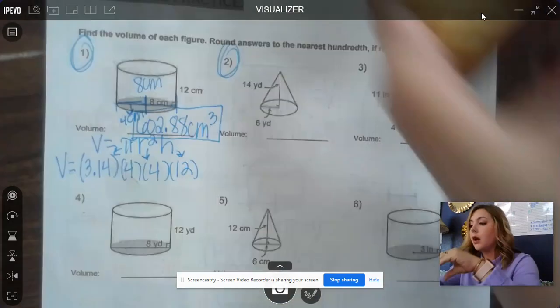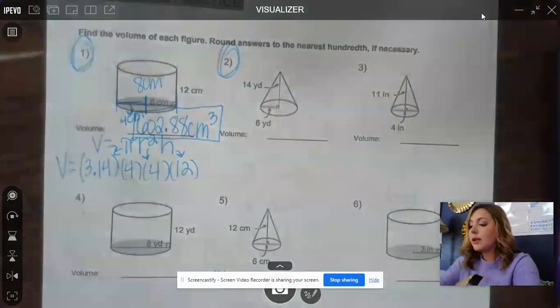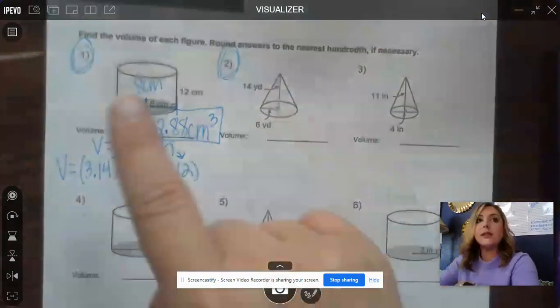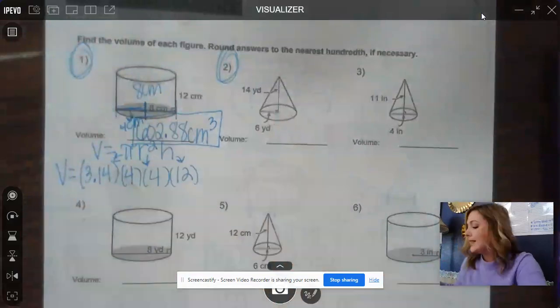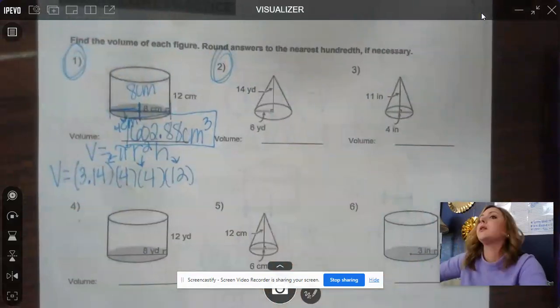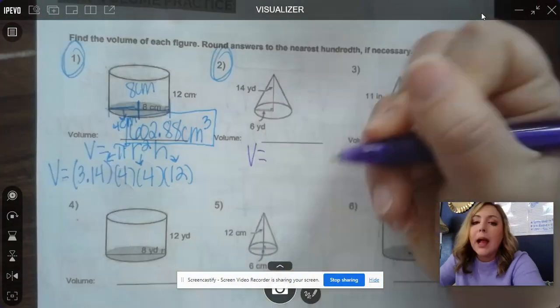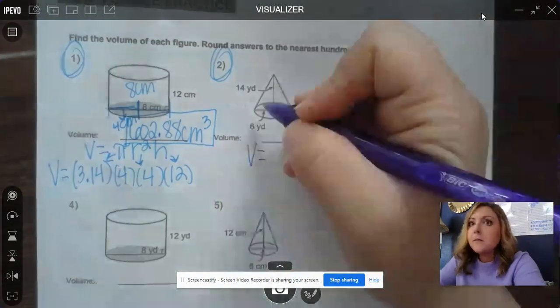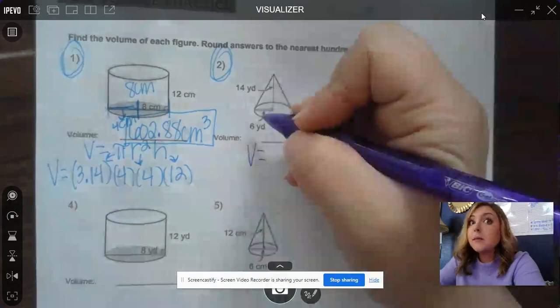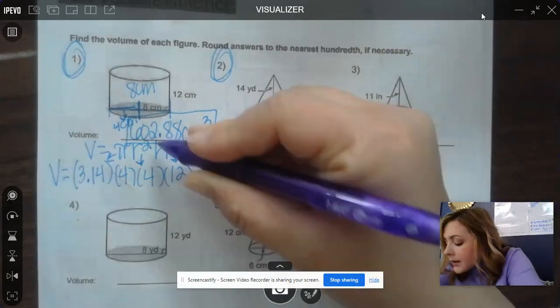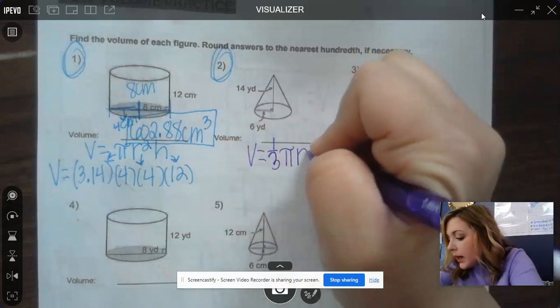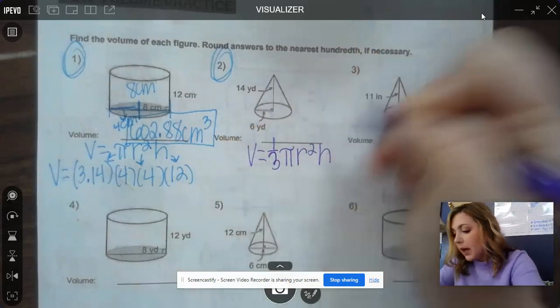And so we talked about the difference of the cone. I'm going to kind of remind you of that. A cone is the exact same formula as a cylinder. What is the only difference in their formulas? What does the cone's volume formula have? It has 1/3 and then the same pieces, pi radius squared times height.